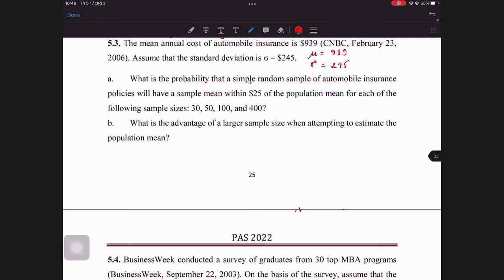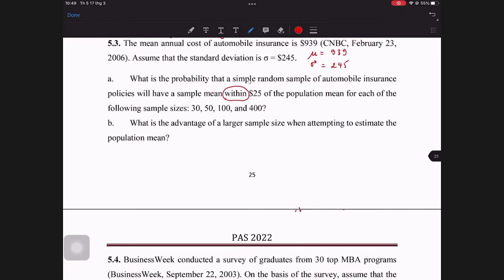Now, what is the probability that a simple random sample of automobile insurance policies will have a sample mean within $25 of the population mean for each of the following sample sizes? We have 4 different sample sizes here, and I will show you how to do it with size 30 first, and then we can continue with the remaining sample sizes.